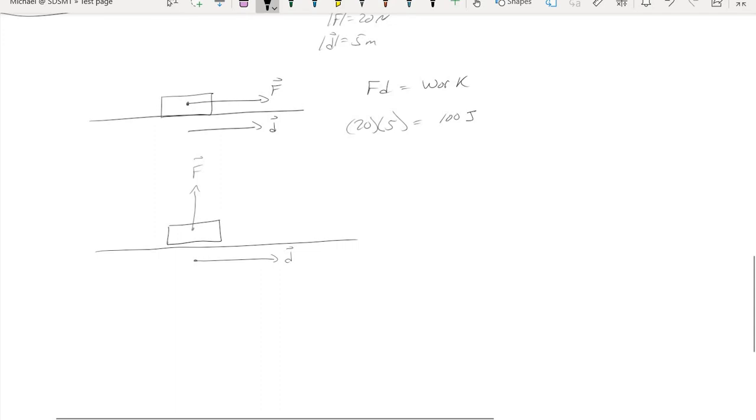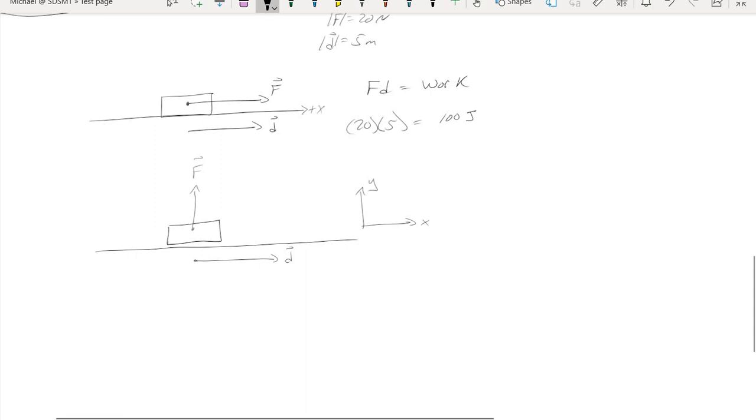And right now might be a good time to introduce some reference frames for these problems. In the first problem, well, it makes perfect sense. I have this force pointing in the positive x direction.